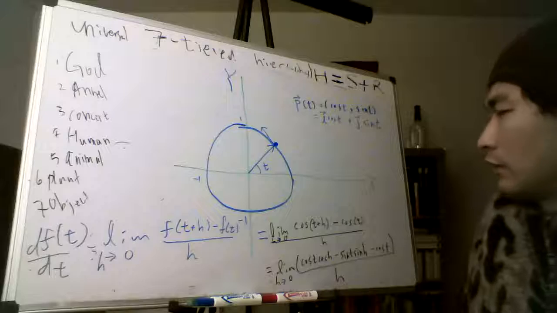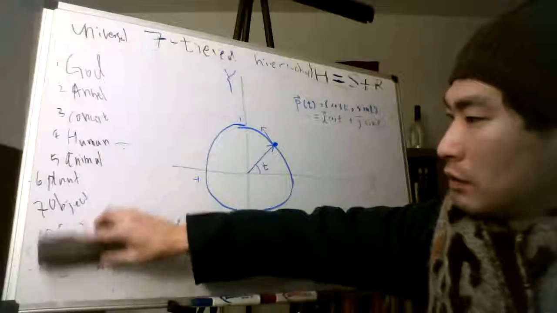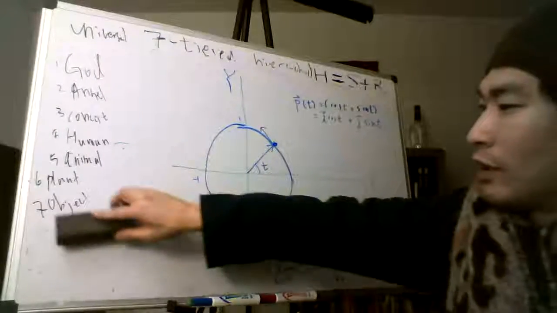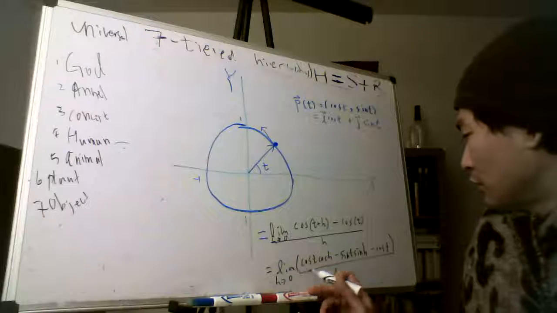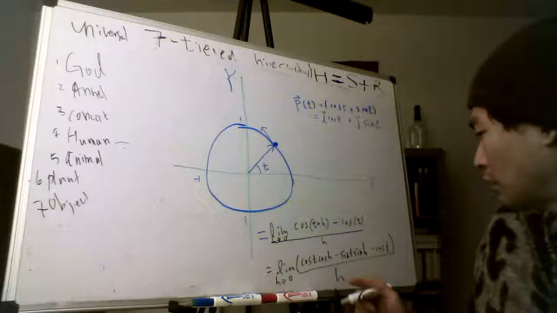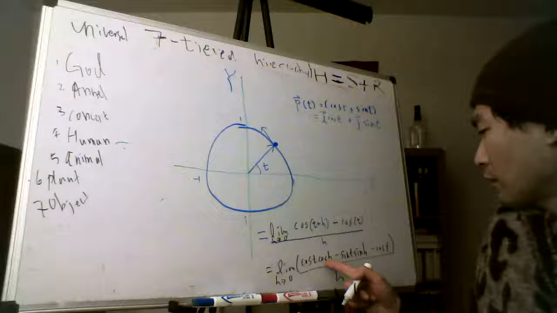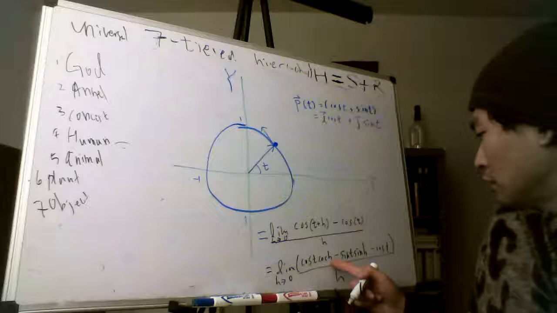Again, we are running out of space, so we are going to erase this guy. We are ghetto, very shoestring budget, poor people. So h is going to 0. When h is going to 0, cosine h becomes 1.